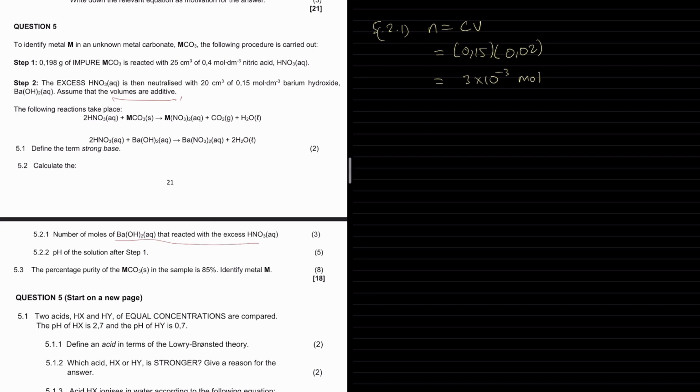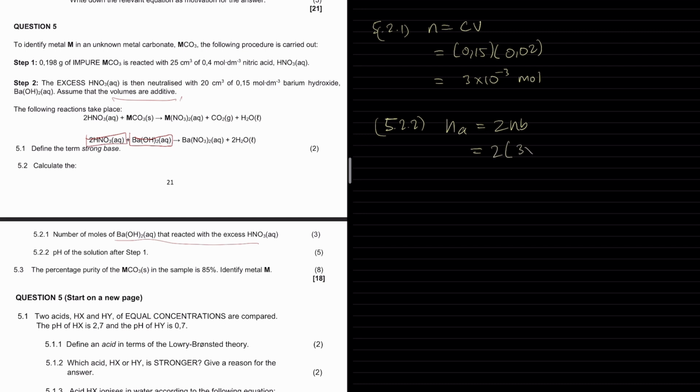5.2.2, calculate the pH of the solution after step 1. So if I know the number of moles of barium hydroxide that reacted here, I can work out the number of moles of HNO3 that reacted there. So the number of moles of the acid is going to equal 2 times the number of moles of the base because of the ratio.